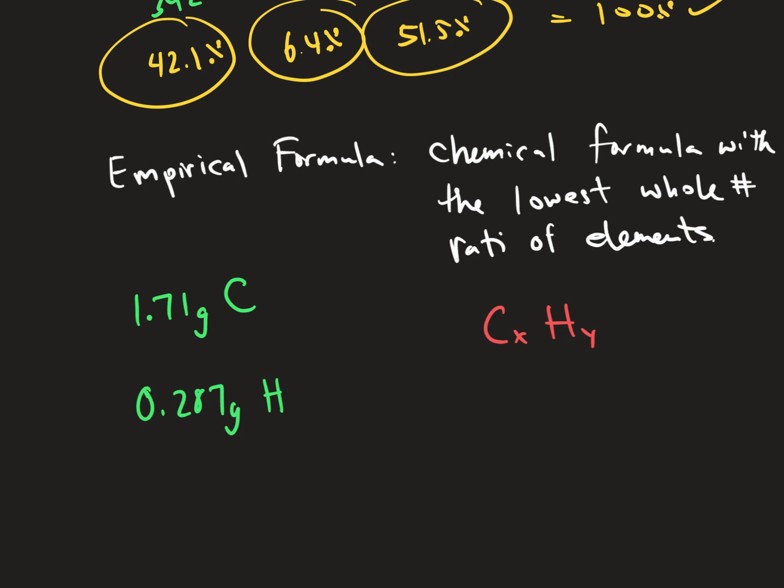Now we might be able to figure it out with ratios, but it might be kind of messy and take really long, and there's got to be a better way. So I'm going to show you that better way, because there is, okay?